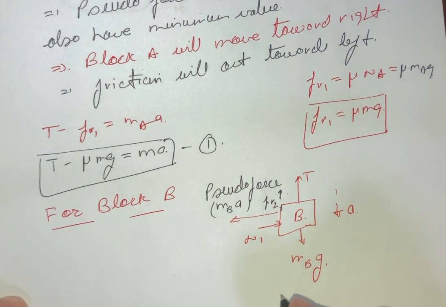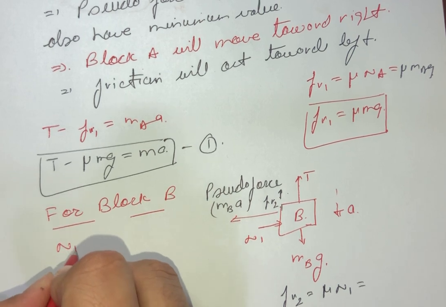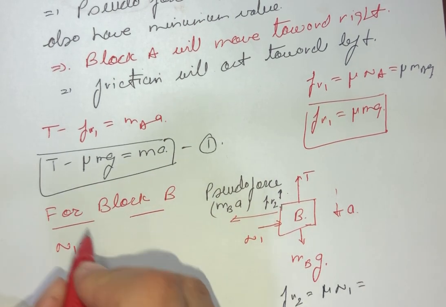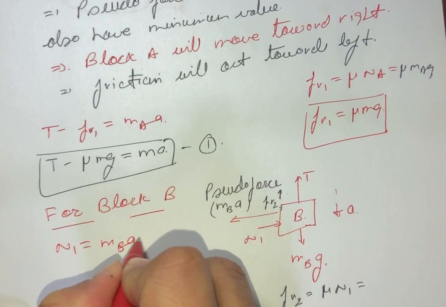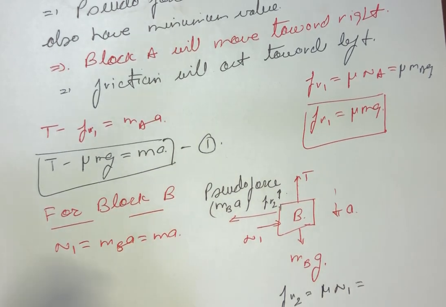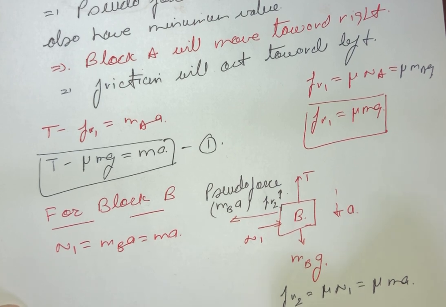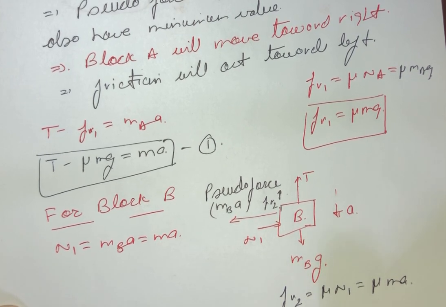So Fr2 will be equal to mu into N1, and the value of N1 will be equal to mBa, and mB is m. So N1 is equal to ma. We put it here. So we get Fr2 is equal to mu ma.